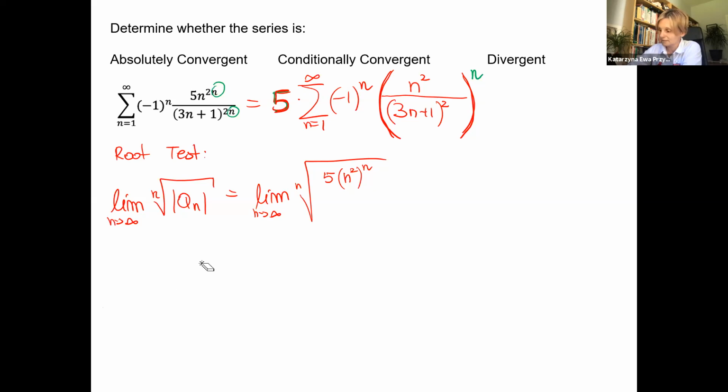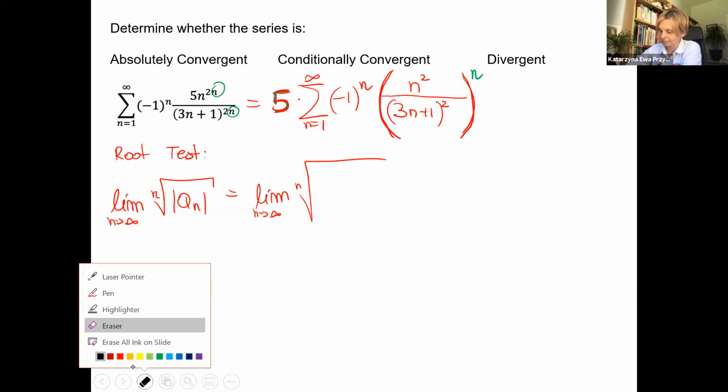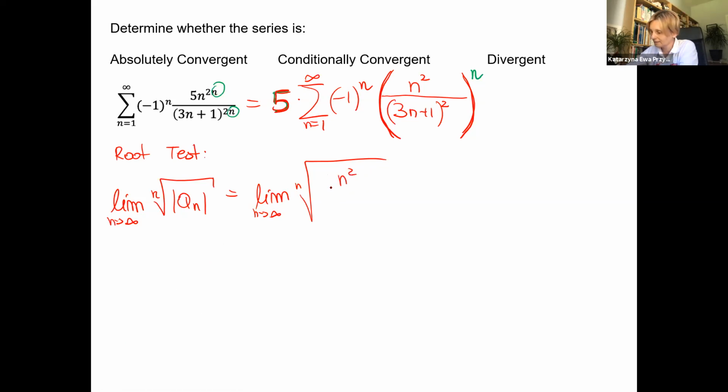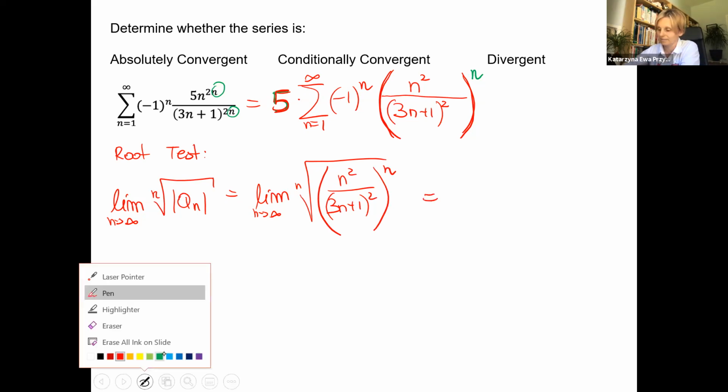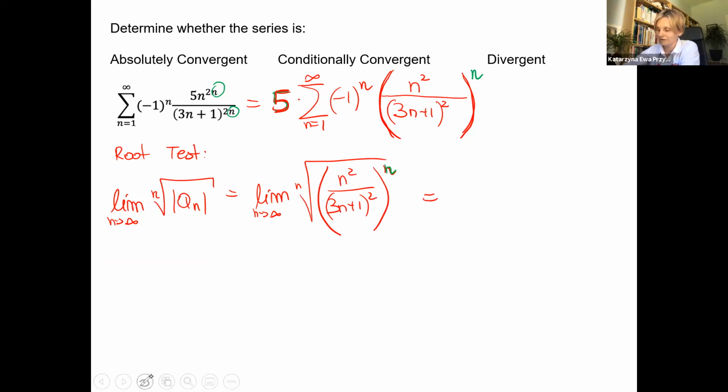Okay, now let's do that form. N squared, 3n plus 1 squared, and everything to the power of n. Yeah, that's the green n. Because having that form, we can nicely see the nth root and the n power can cancel out. And now, what is the limit of this?